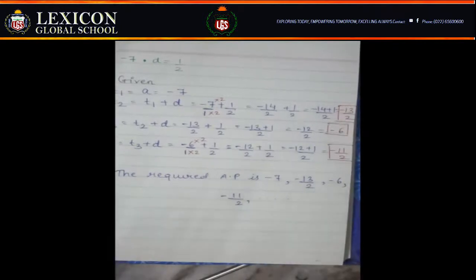Okay, you need to write the final statements for each and every sum. Whether it is a 1 mark sum or a 2 mark sum, you need to write the final statement.